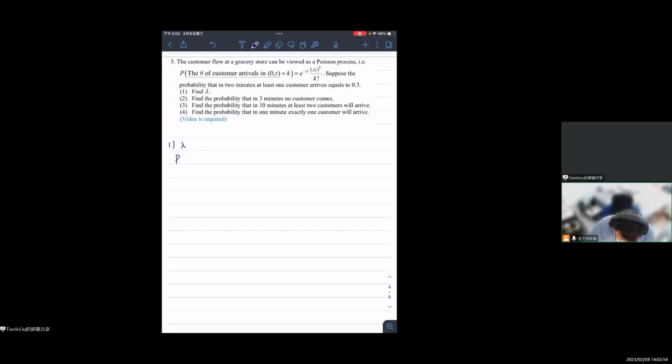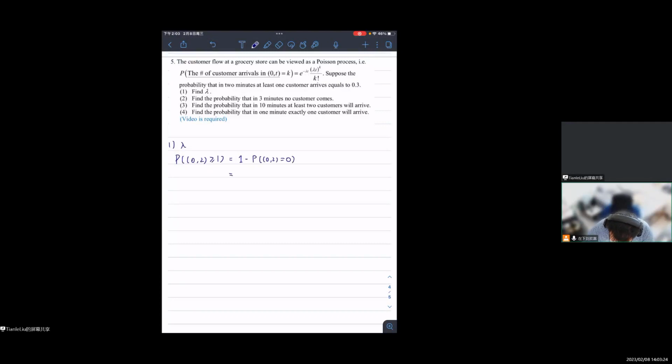So we can list t equals 2 minutes, and it's at least one. By probability, we know that it's equal to 1 minus the probability that in 2 minutes no people arrive at the store.